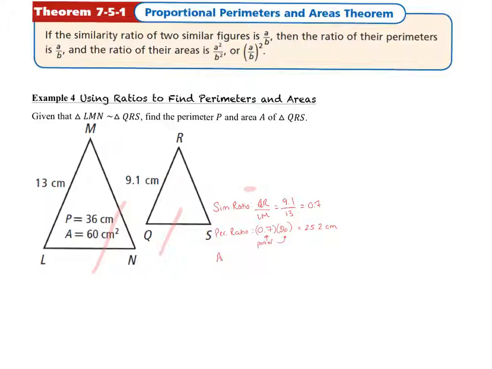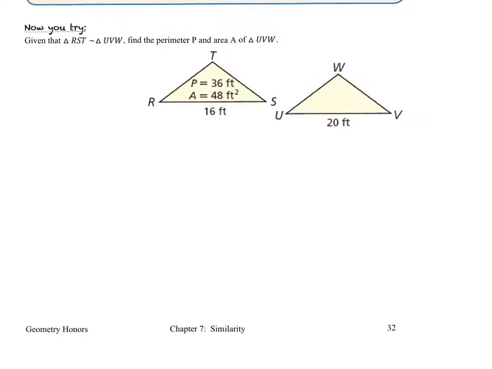And the area ratio, remember, is that ratio 0.7 squared. Multiply that by the total area, 60. Remember to do exponents first, which is 29.4 centimeters squared.